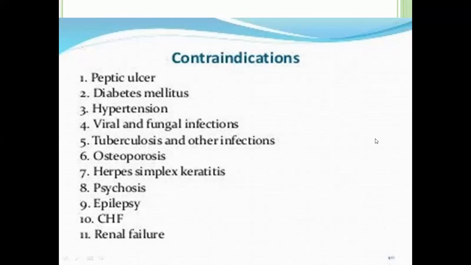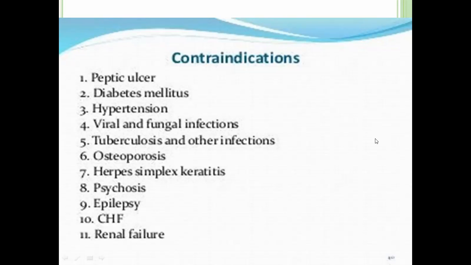Then next, diabetes mellitus. Hypertension, diabetes mellitus, as you all know from the first chapter of this unit, occurs due to hyperglycemia, increased blood sugar level. Then viral infections, fungal infection, tuberculosis, and other infections. What is meant by TB?